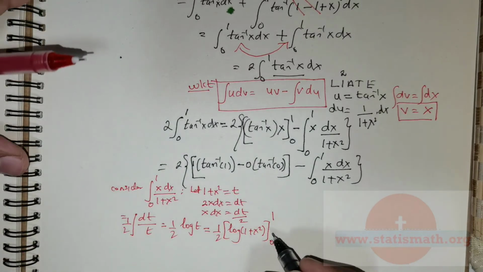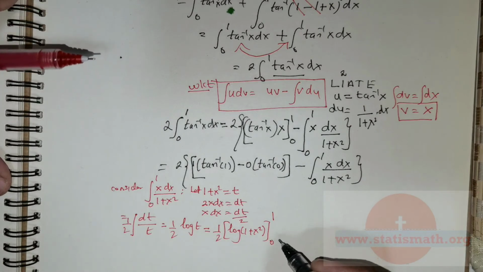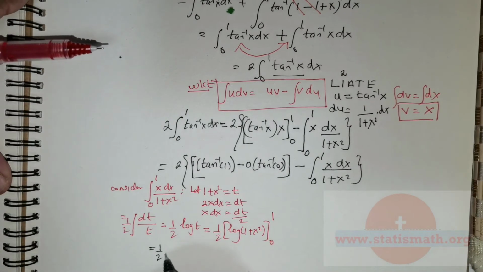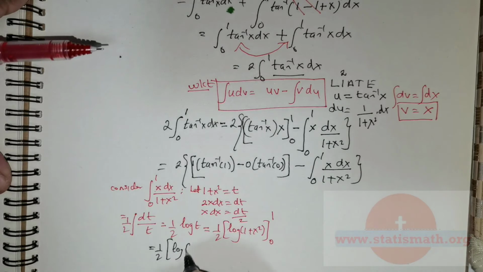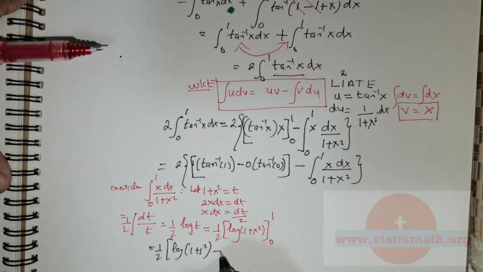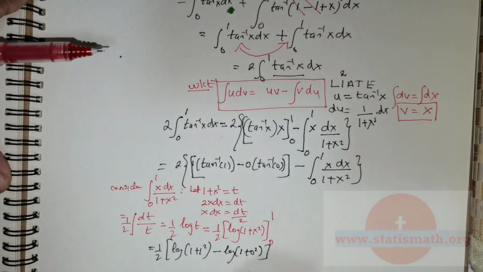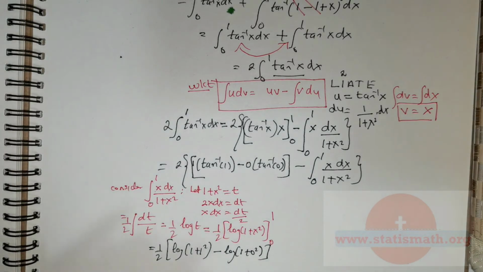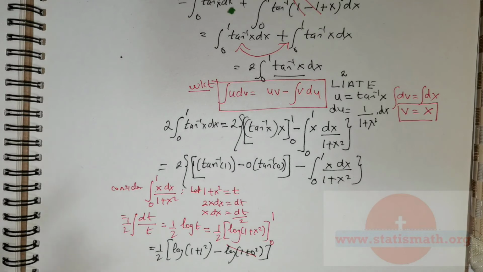Now if you substitute the limits, you get 1 over 2 times (log of 1 plus 1 squared minus log of 1 plus 0 squared). The second term cancels because you get log 1.